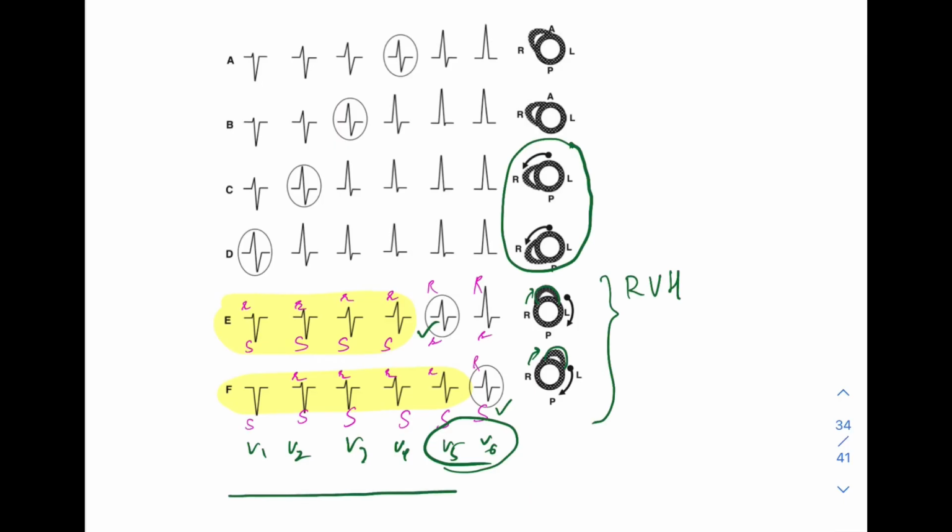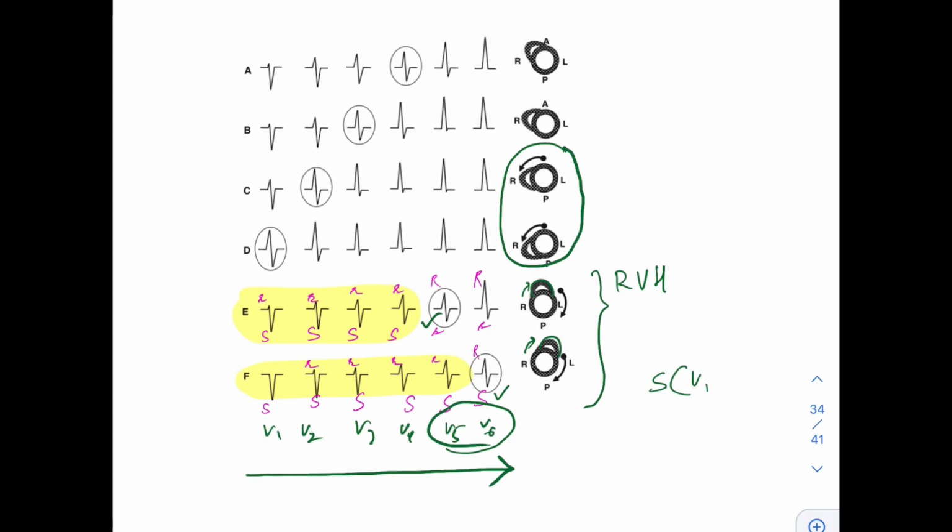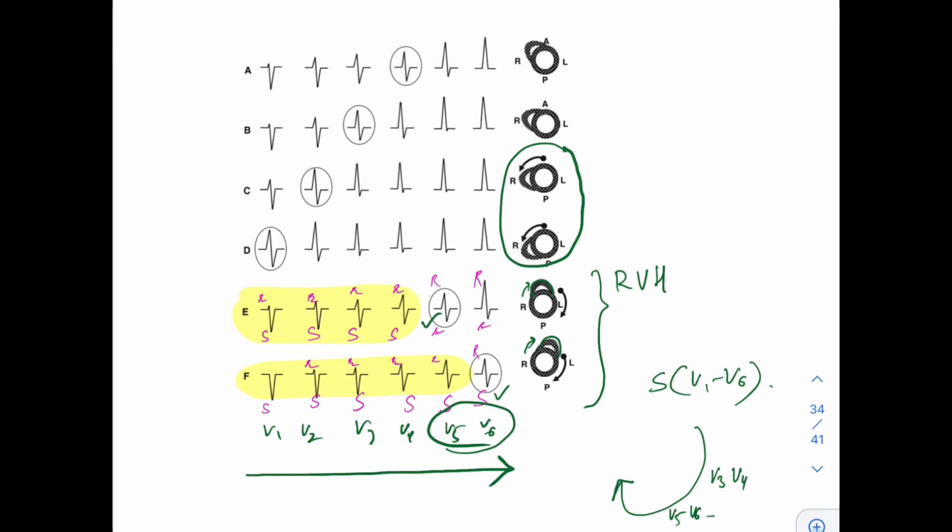Now, if you look at the morphology of the QRS complexes from the leads V1 to V6, you will notice that you are having deep S waves. Therefore, the reason of getting S waves from V1 to V6 is the clockwise rotation of the transition zone from V3, V4 to V5 and V6, leading to the change in the morphologies of the QRS complexes in a way that it has now deeper S waves in all the precordial leads.